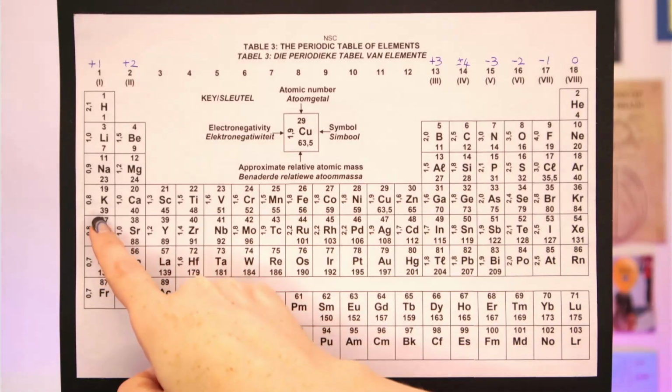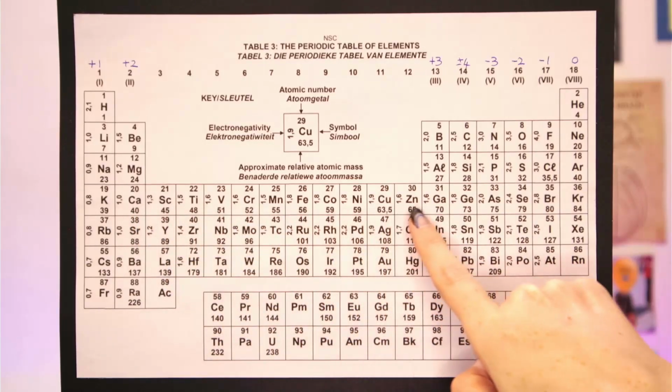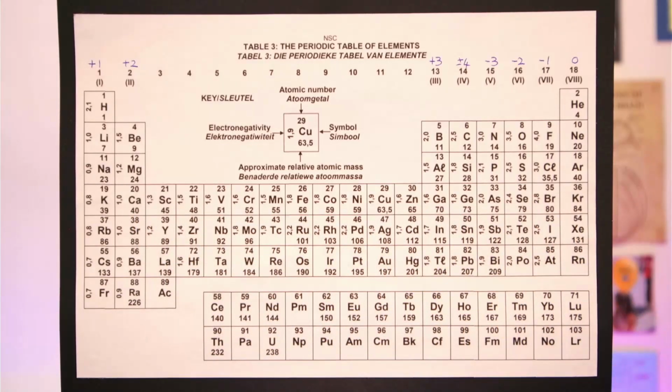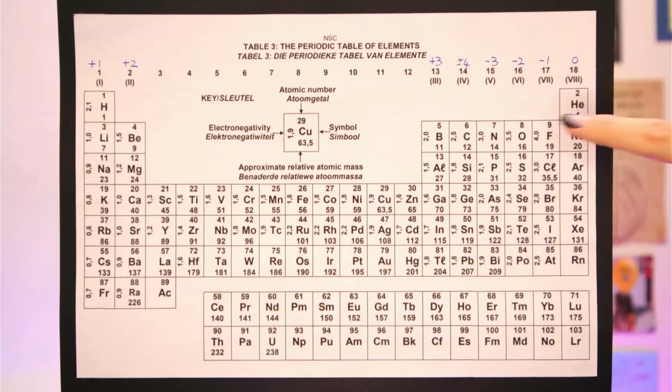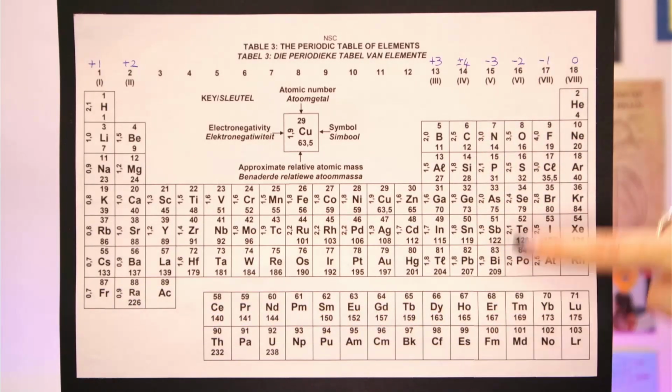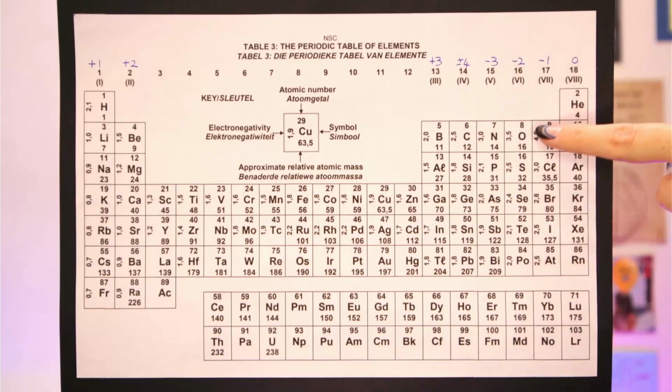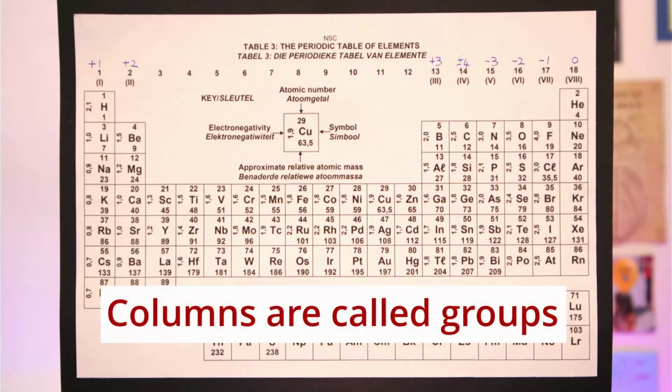Now, the periodic table is a big grid of elements. It's got rows going horizontally across like this, except we don't call them rows, we call them periods. It's also got columns going vertically down like so, except we don't call them columns, we call them groups.